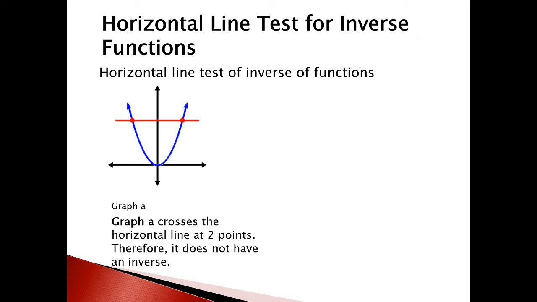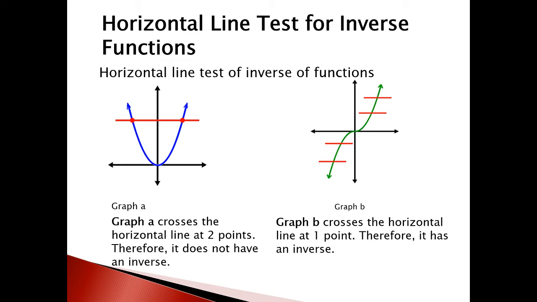But if a graph crosses the horizontal line at 1 point, then that graph has an inverse.